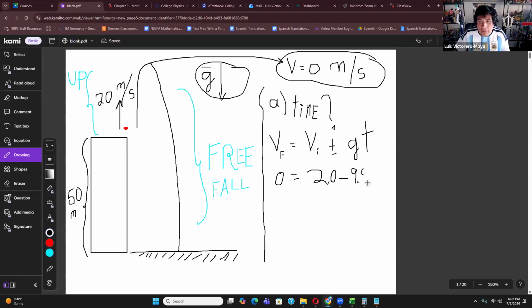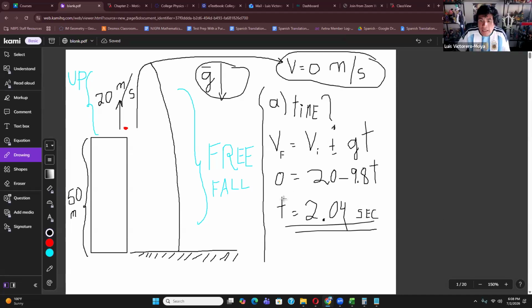Just use 9.8, that's what they use in the book, don't use 9.81. So when you solve for time here, you get 2.04. So that's the time to reach maximum height. Okay?